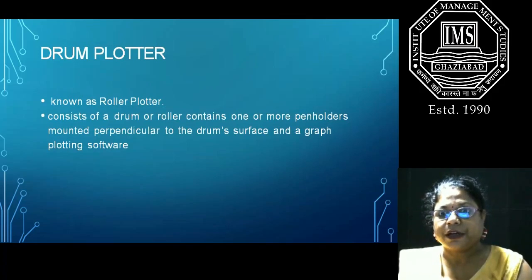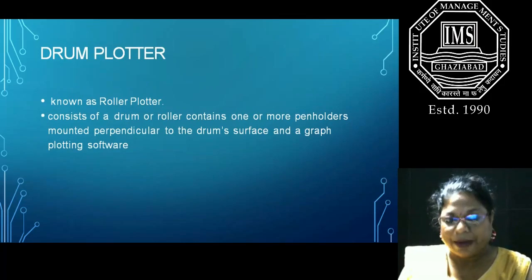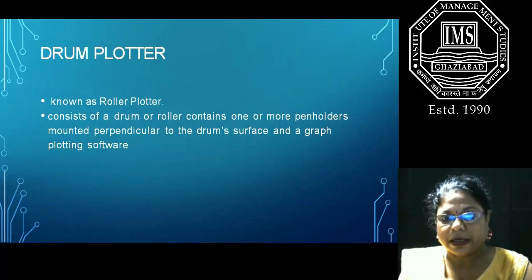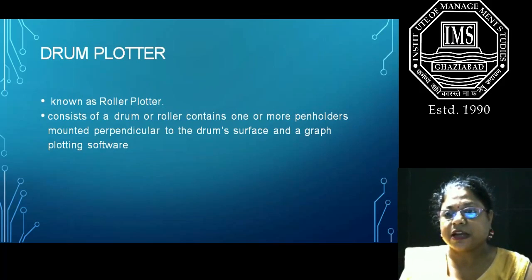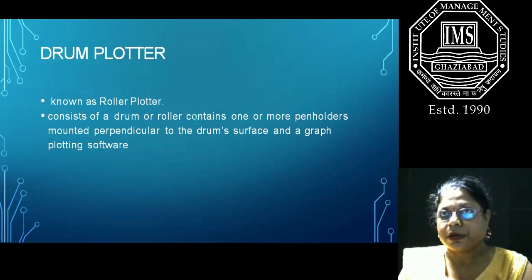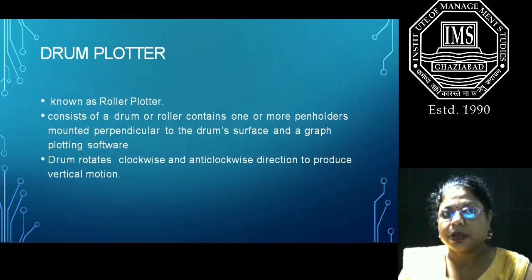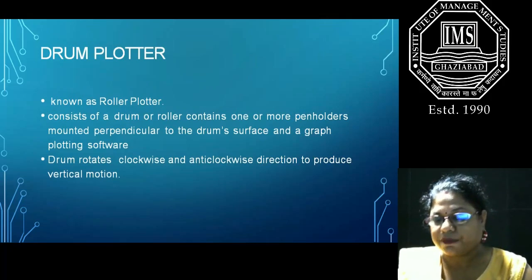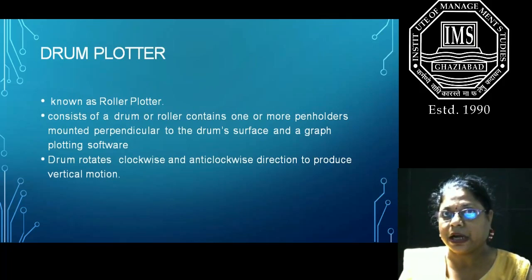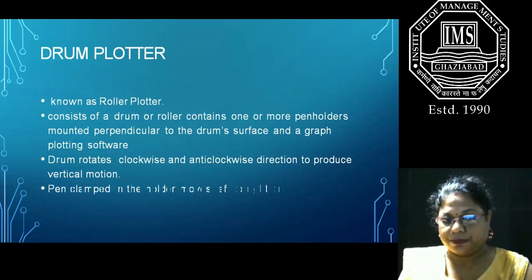It consists of a drum or roller which contains one or more pen holders mounted perpendicular to the drum's surface, and a graph plotting software. Now, whenever the drum rotates in the clockwise and anti-clockwise direction, it produces a vertical motion.